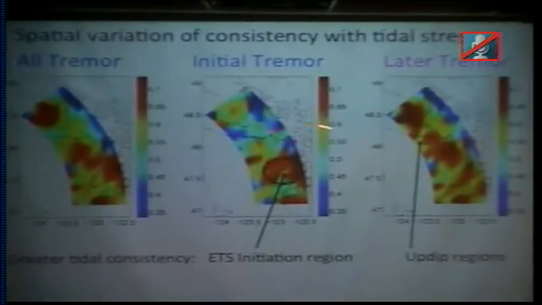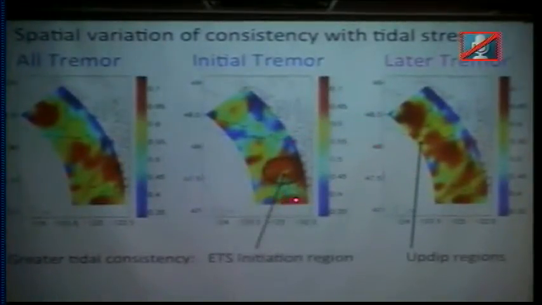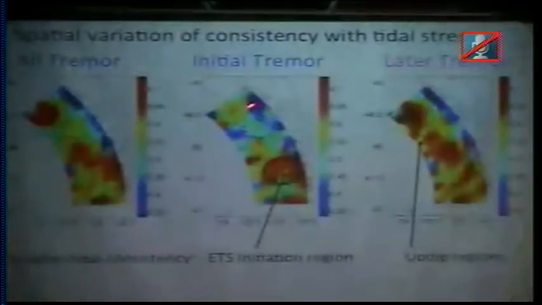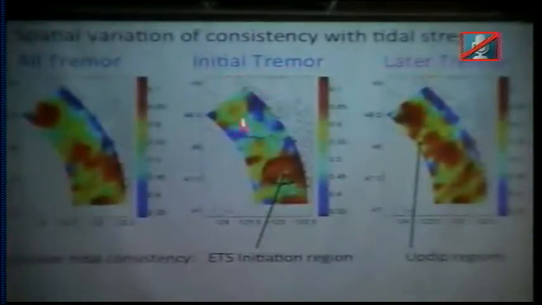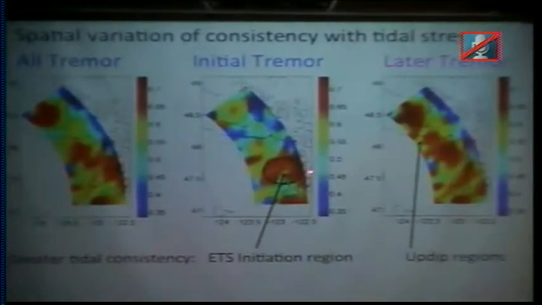So this is all the tremor. This is the tremor divided into the 2 groups. And what we see overall is a difference between the 2 groups, consistent with what we saw before, the initial and the later tremor. We see a strong updip, that there's more consistency with tidal stress updip.